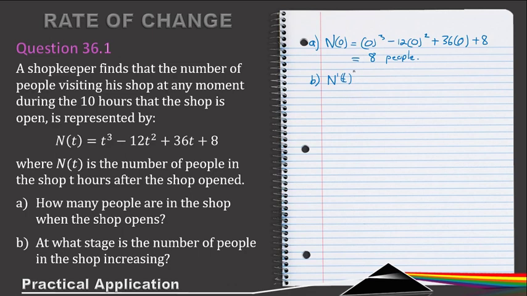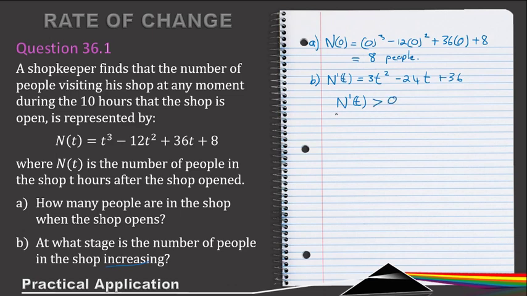So the first derivative is equal to 3t squared minus 24t plus 36. Okay, so the equation that we want to solve is where the first derivative is greater than 0.